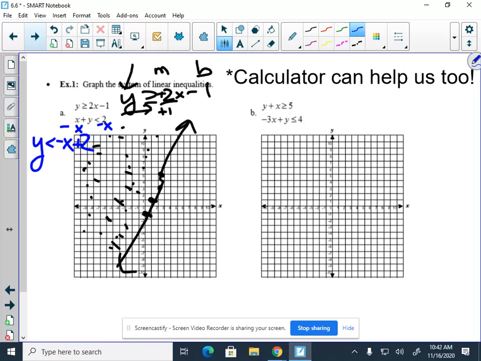All right, so now we have m is negative 1 over 1, b is 2. We go down 1, right 1, down 1, right 1, down 1, right 1. This one will be a dashed line.